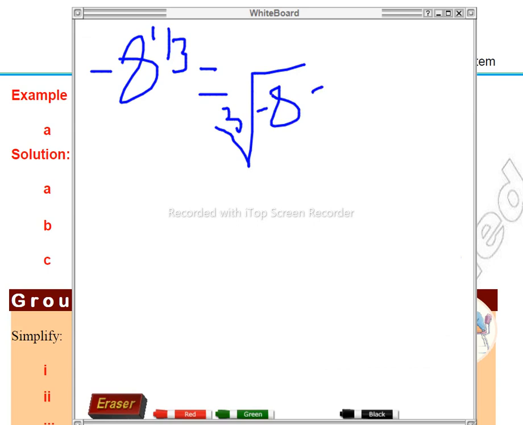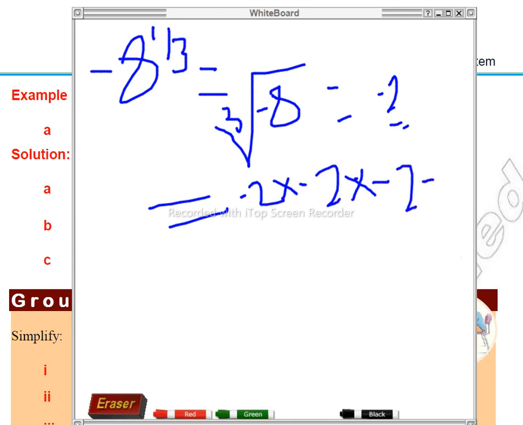This is equal to negative 2, because negative 2 times negative 2 times negative 2 is equal to negative 8. So the cube root of negative 8, we only select the negative one.